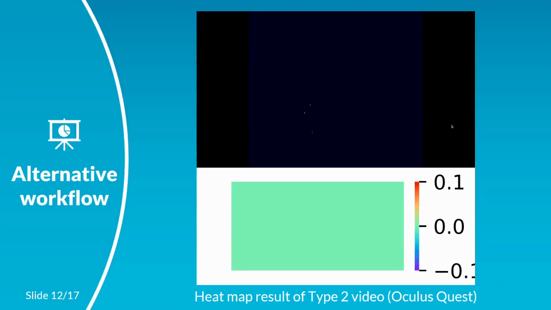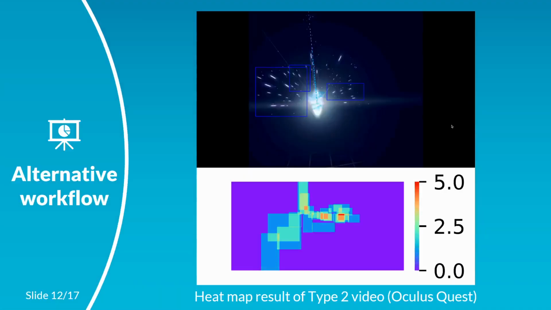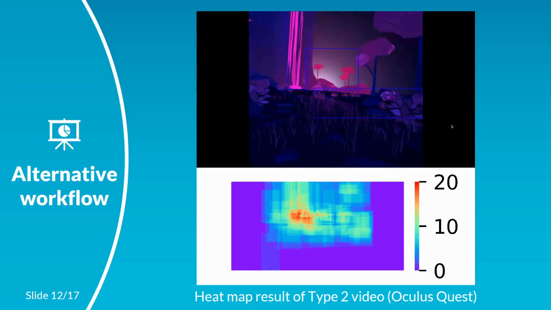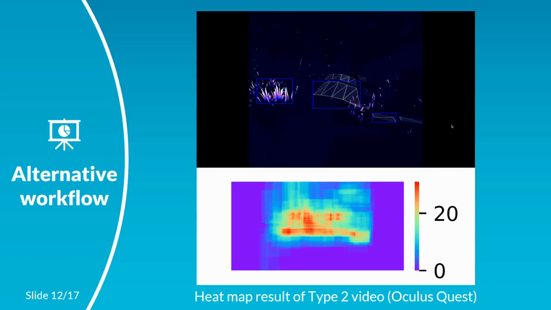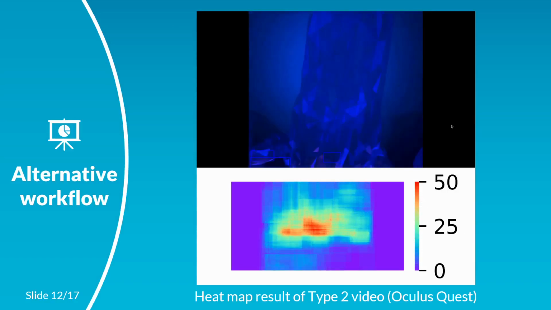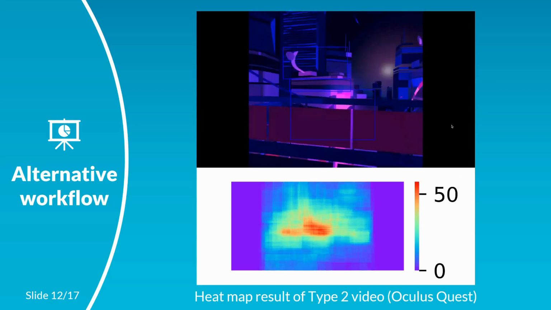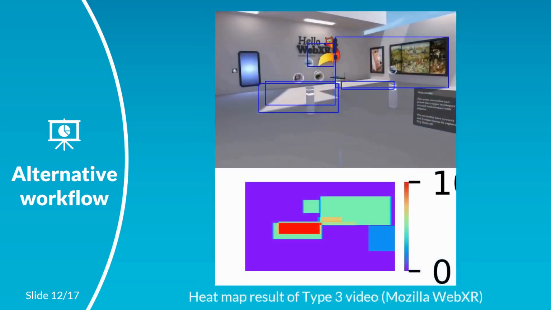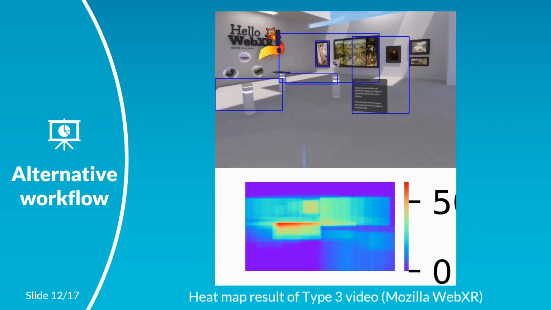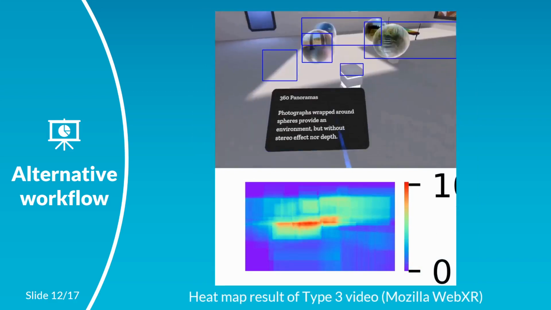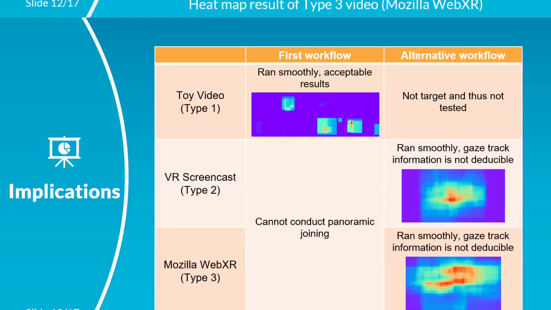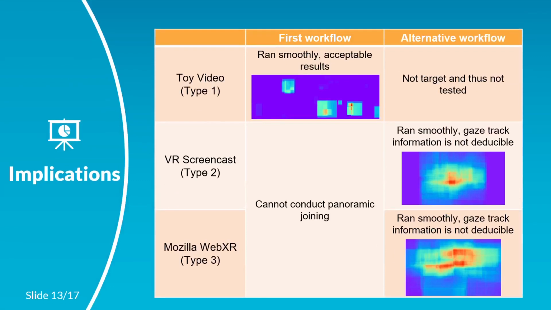Now I will show you the result of Type 2 and Type 3 videos using the alternative workflow which does not involve panoramic joining. As we can see, the accumulation of salient locations on the heat map is shown throughout the record duration. The same behavior is also observed in the Type 3 video with the alternative method. As we can see from the results, the first workflow derives a good heat map for the Type 1 video.